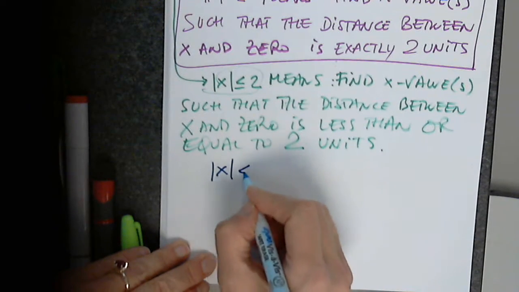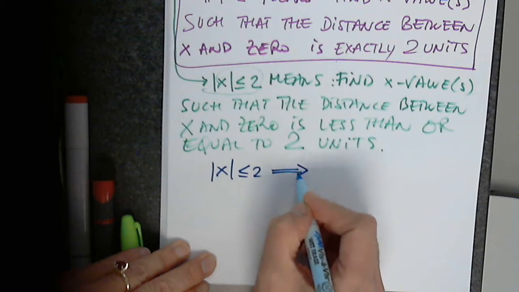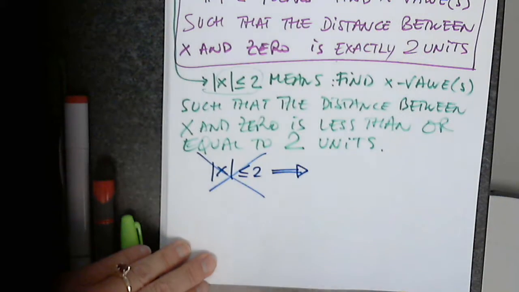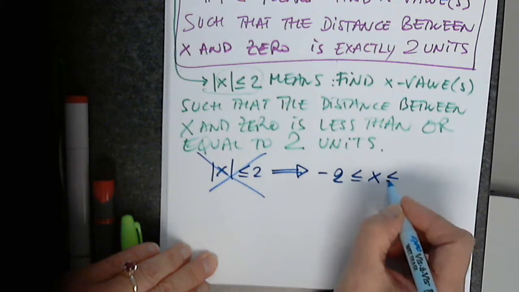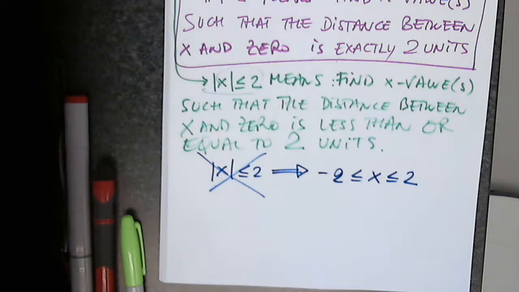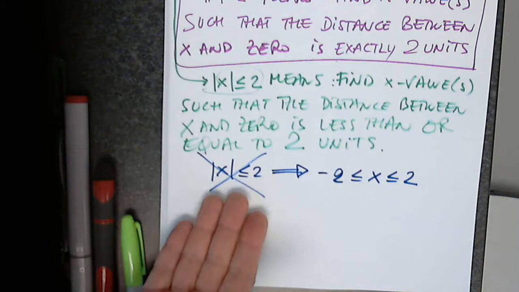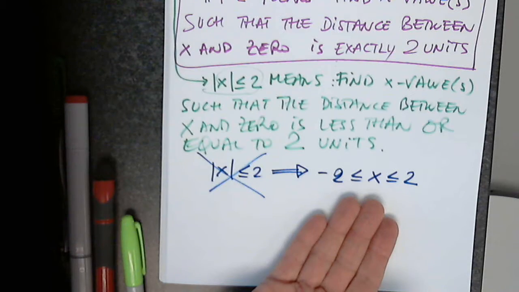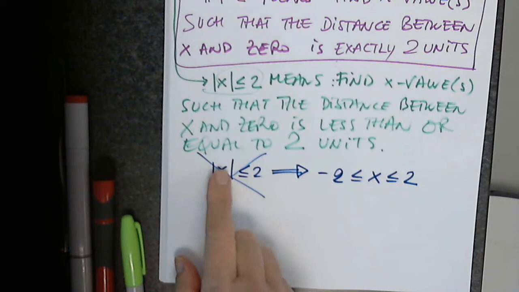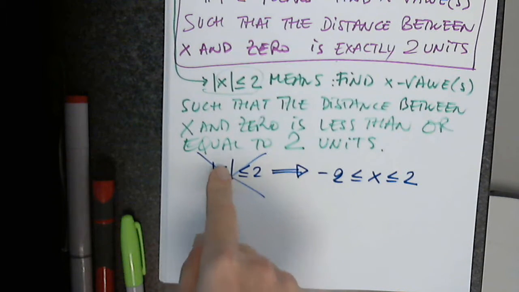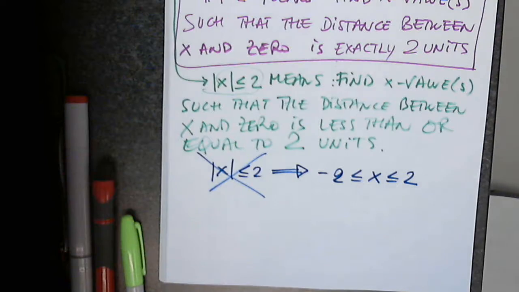So the absolute value of x less than or equal to 2 converts into exactly what Heather said. We cannot solve this. This is the way we solve it. We think. Okay? So numbers whose distance from 0 is 2 or less must be found between -2 and 2.